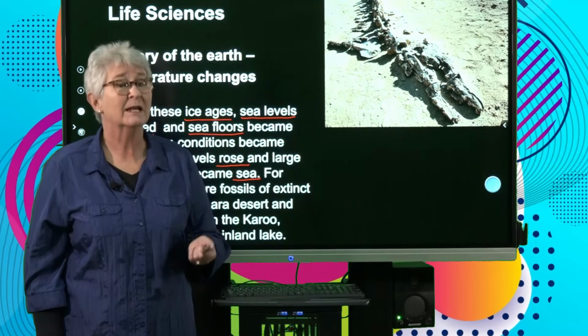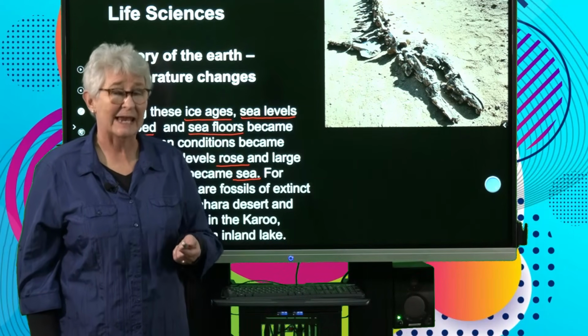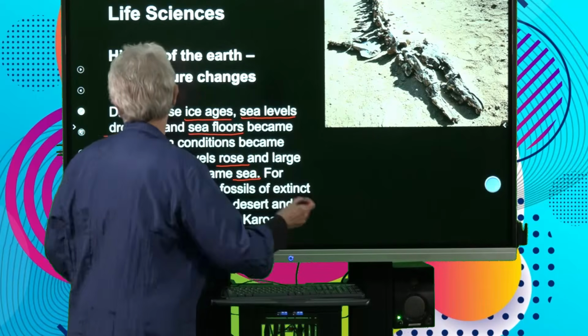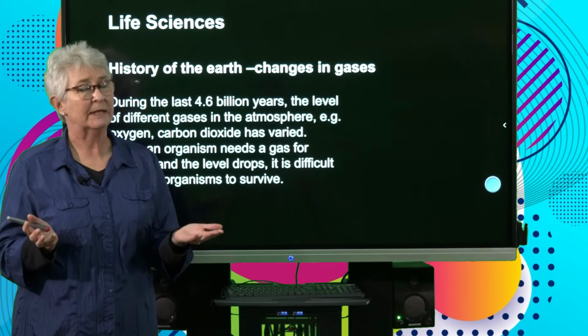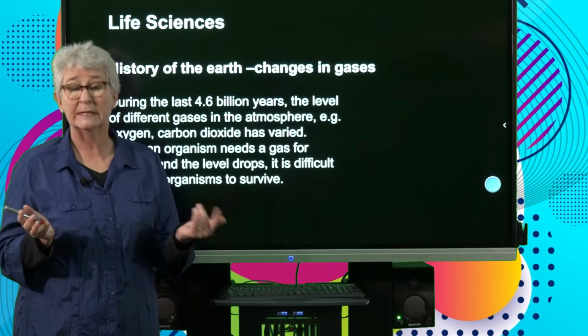Temperature changes also affected gases, and that's what we're going to look at now. As time went by and the temperature got warmer, photosynthesis occurred, and the proportion of gases in the atmosphere changed. And any organism which needed a particular gas to survive, if that gas wasn't available, guess what?